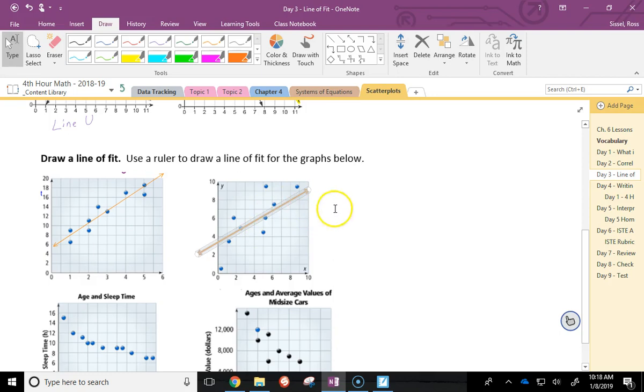The reason this one does not work is, see how far this point is from the rest? And these are close. It's not really going to match up as well. So, I'm looking at putting us right through in here.